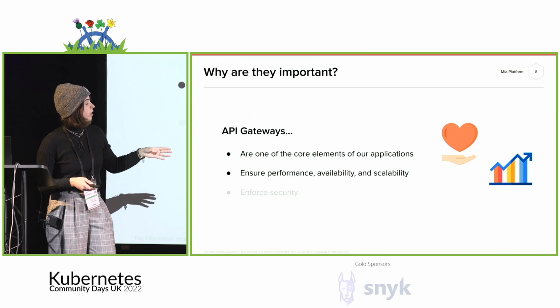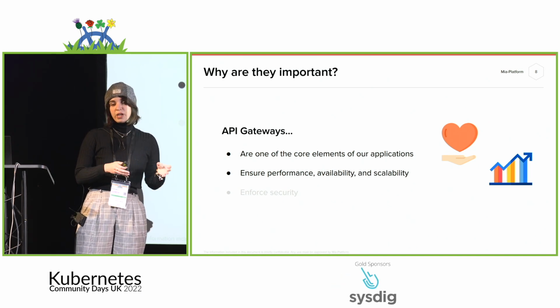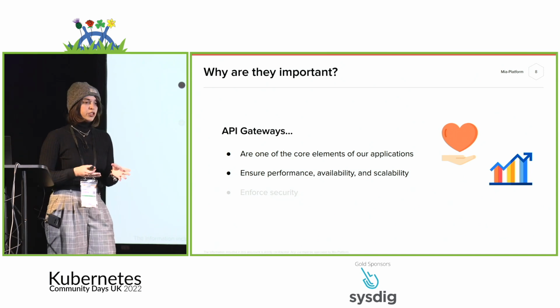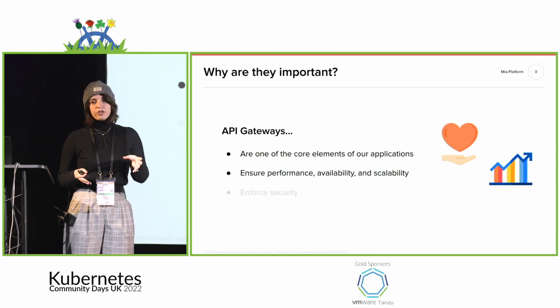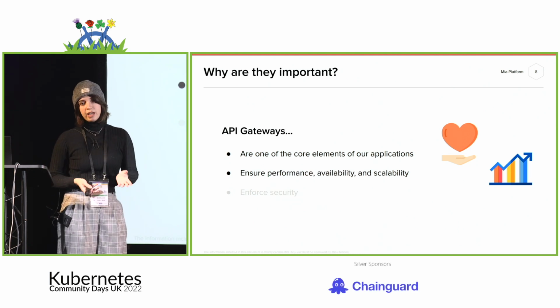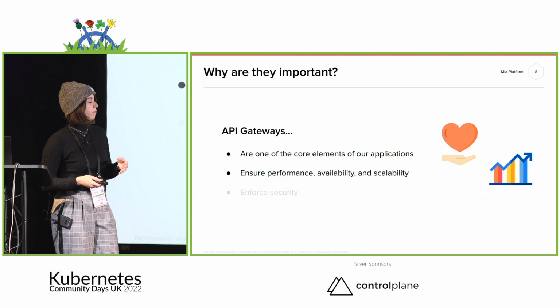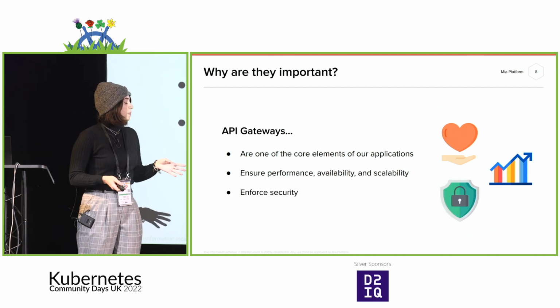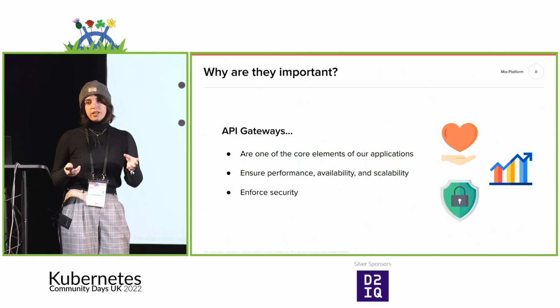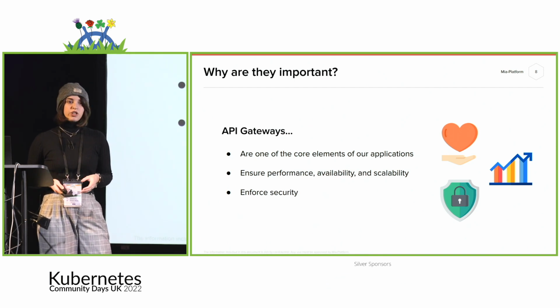They help us ensure availability and also scalability, since what the client sees from the outside is just a black box. It just sees the API gateway as an entry point, and then behind the API gateway, we can keep adding as many microservices as we want. And this procedure is completely transparent to the end user.